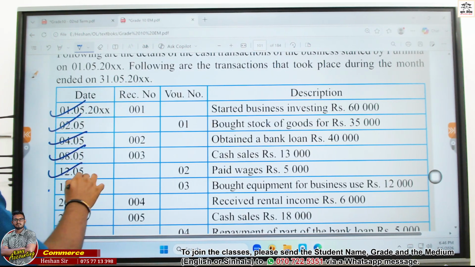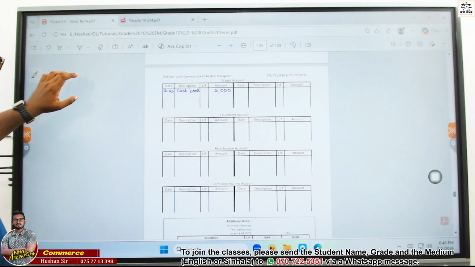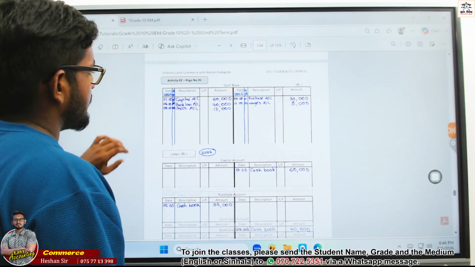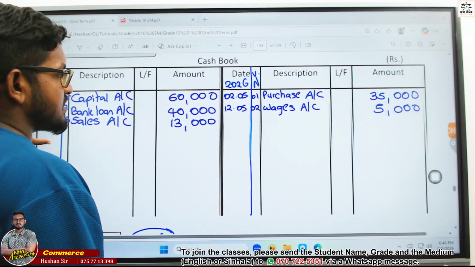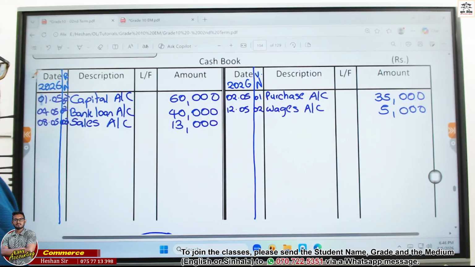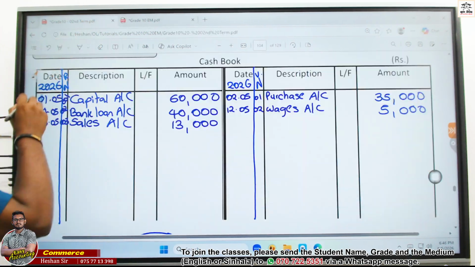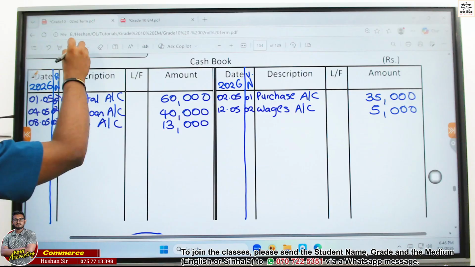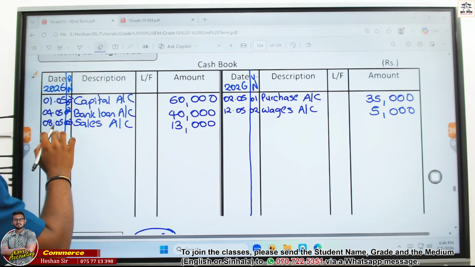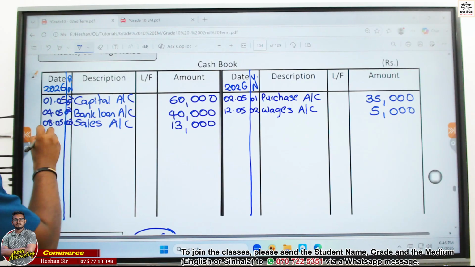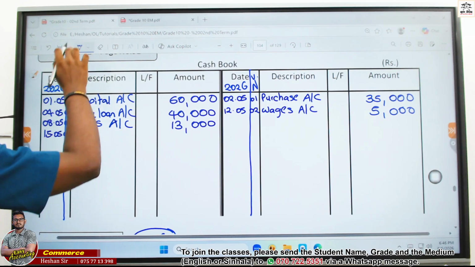Bought equipment for business use, 12,000. So it does not go to the purchase account. Why purchase account? We record inventory when we purchase for the reselling purpose. If we purchase something for usage, it is a non-current asset. So 15th of May, 004.